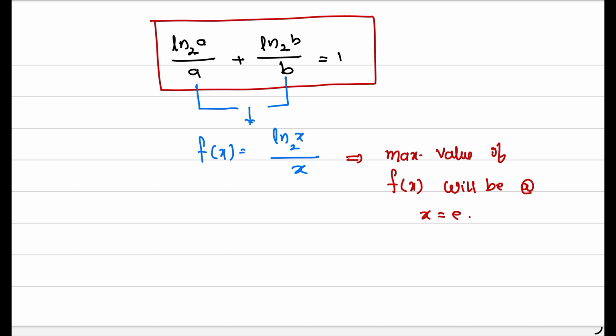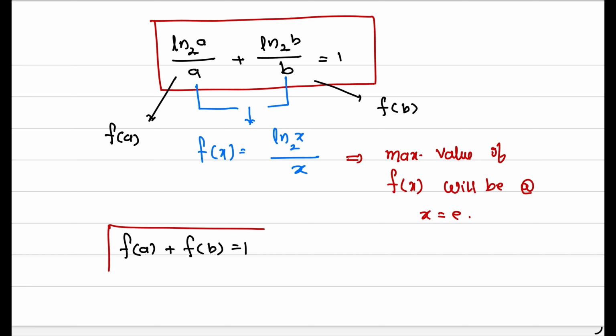At the same time, let us say this will be equal to function A. This will be equal to function B. What is the condition? Function A plus function B is equal to 1. When we have put C is equal to 2, this is the equation what we have got, and we have to find out the values of A and B, integer values, so that this particular condition is fulfilled.